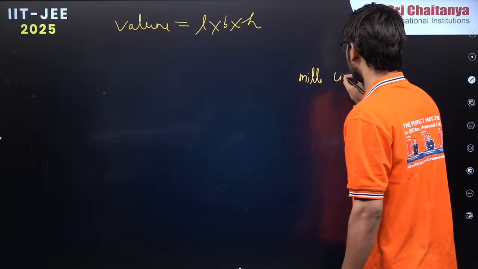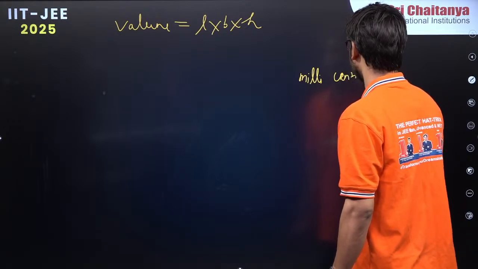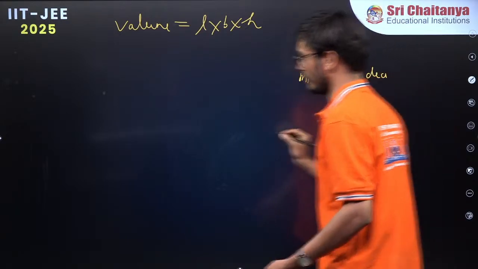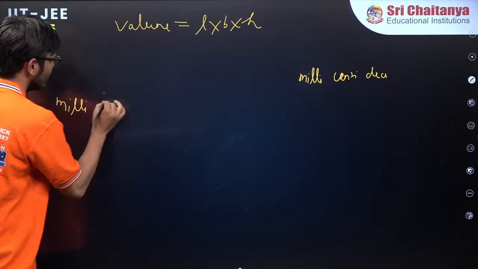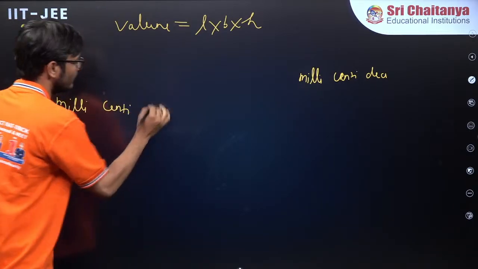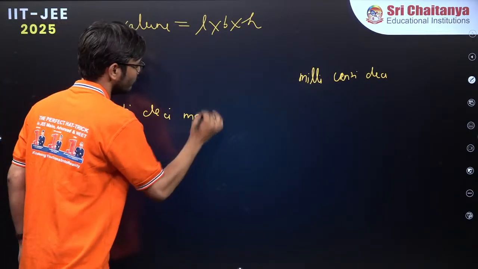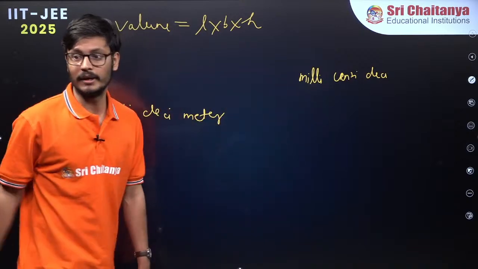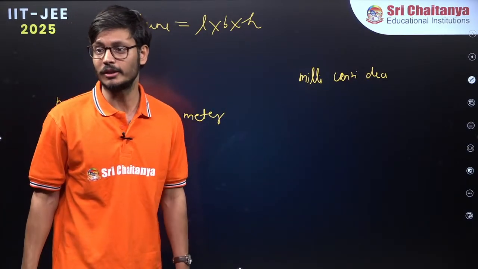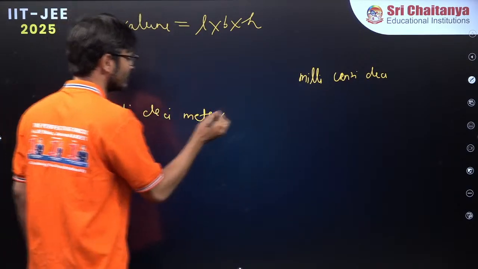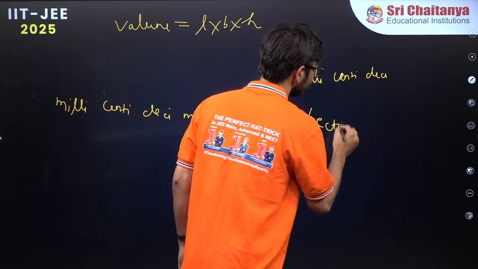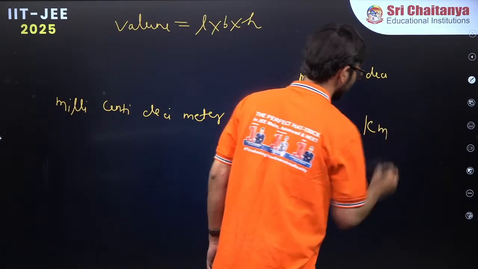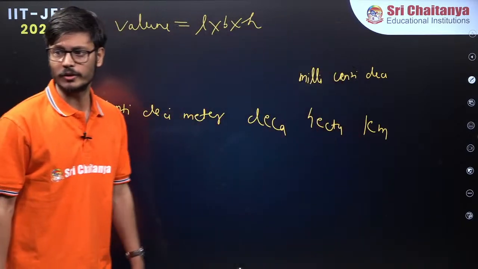Milli, centi, deci. Okay, let me write over here. Milli, centi, deci, meter. Maybe I need to teach you addition, subtraction also. So milli, centi, deci, meter, deca, hecto, kilometer, isn't it? So we are having these units, okay?